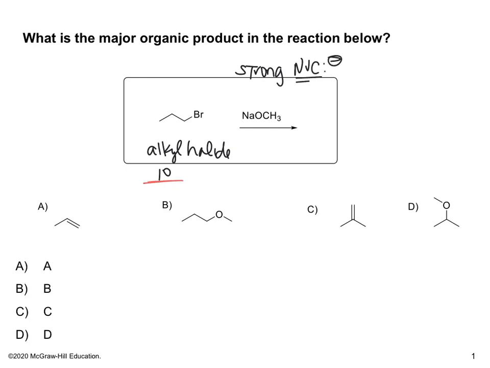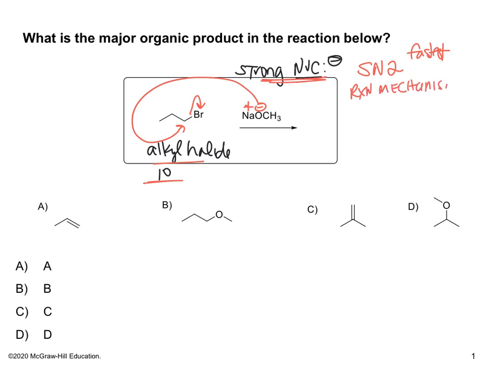In this case, since it's a primary alkyl halide and a strong nucleophile, you can assume that this is going to be SN2 that's going to happen the fastest, because the primary alkyl halides react the fastest for an SN2 compared to elimination.